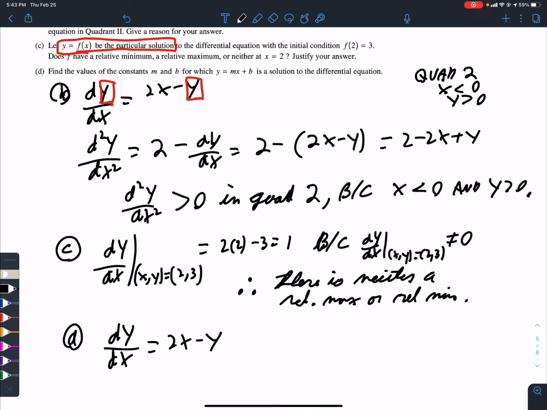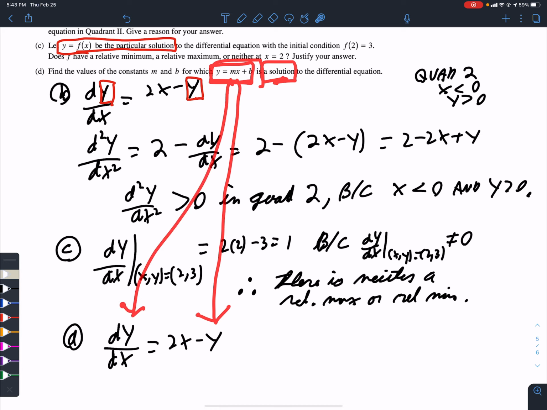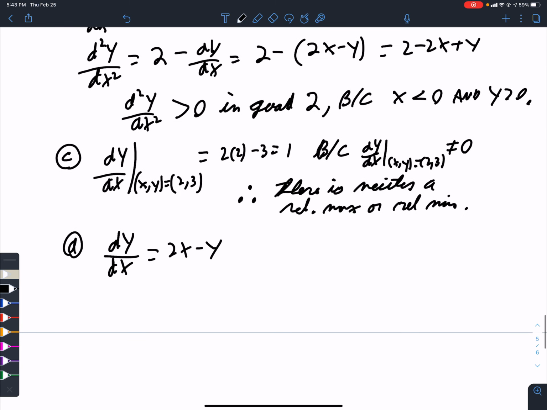Now, they're telling you y equals mx plus b is a solution. If y equals mx plus b is a solution, that means if I stick it in here and here, it must work. It must be true. So I'm going to put y equals mx plus b into both of those.